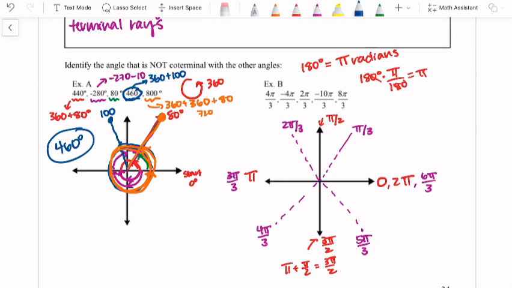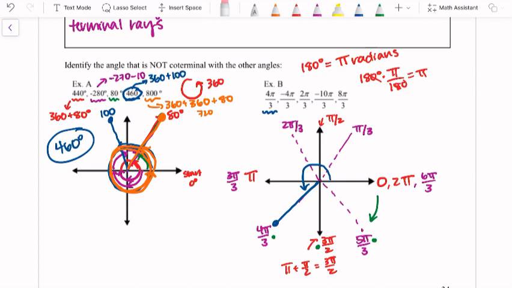So now we need to figure out which one of these radian angles is not coterminal with the others. Let's start with 4 pi over 3. I'm going to start at 0, and we go around to 4 pi over 3. So we end up here. If I go negative 4 pi over 3, that just means I'm going to count, but go clockwise this time. So here's my 1 pi over 3, 2 pi over 3.